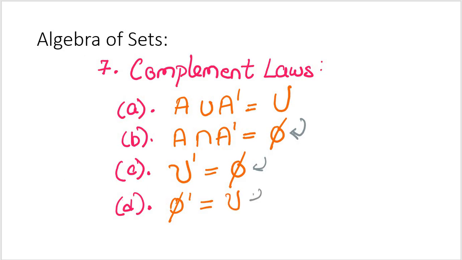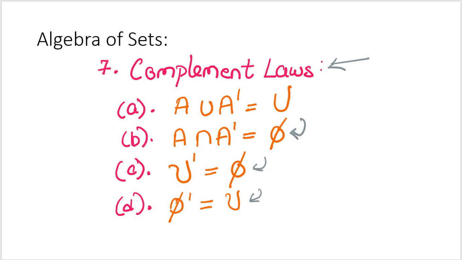Right, so it's like the reverse process. In some sense it's like reverse engineering, right? So just imagine the usage of this complement law. It totally changes the scenario, right? I am getting a totally different version of it.